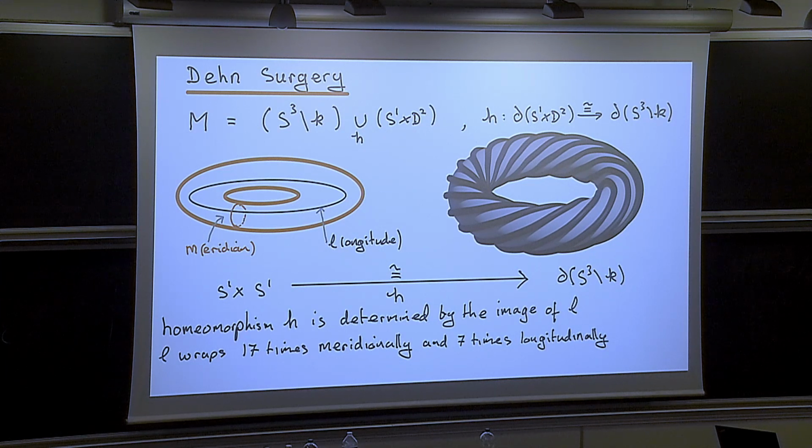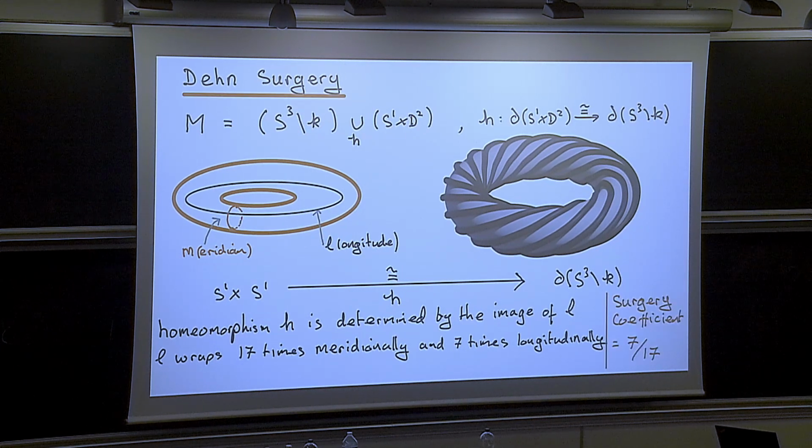I won't go into the details, but it's not deep mathematics. So that's what Dehn surgery would be. And then you record the Dehn surgery: in this example, we've gone 17 times and 7 times, so P over Q is the Dehn surgery coefficient, 7 over 17. So if you have a knot and a P and a Q, you can do a Dehn surgery.